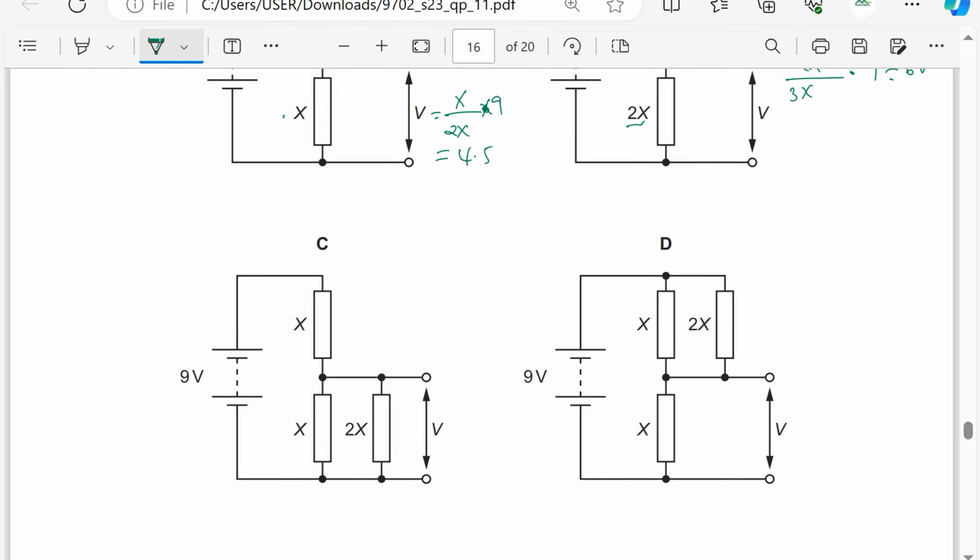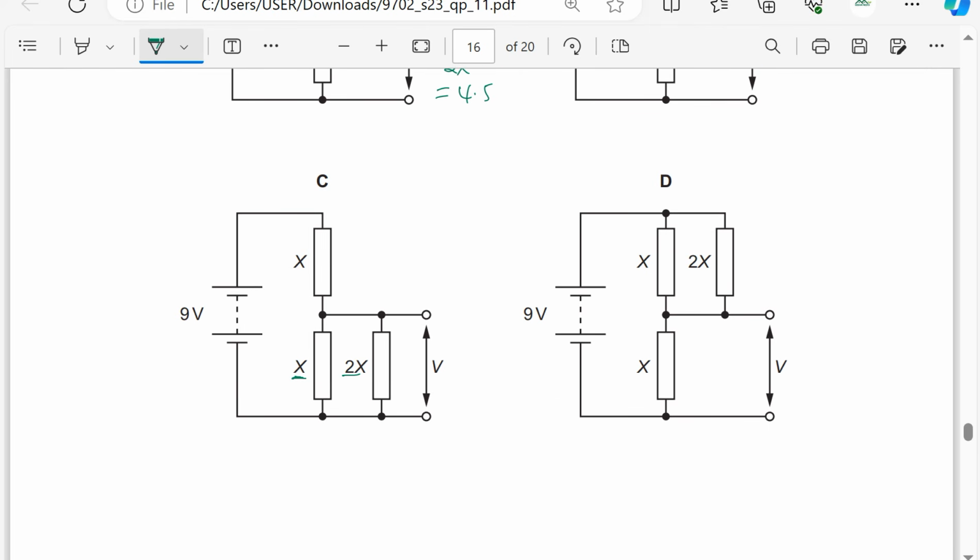Let's check this one. These are in parallel, so resistance decreases. So we say product over the sum: x times 2x divided by x plus 2x, which is 2x squared divided by 3x.